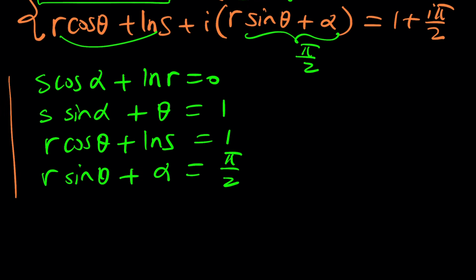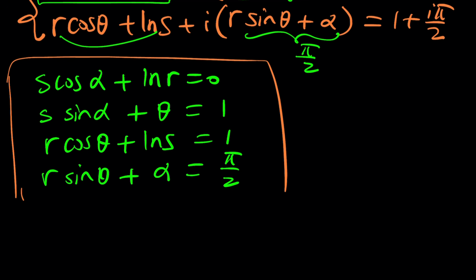We have 4 equations and 4 unknowns: r, s, θ, α. Can we solve it? I mean, hypothetically, yes, but analytically, no, because this is a non-standard equation, or some people call these a transcendental system. Unfortunately, there's no analytical method, as far as I know, but I will make it easier for you to solve it. We're going to make some assumptions.